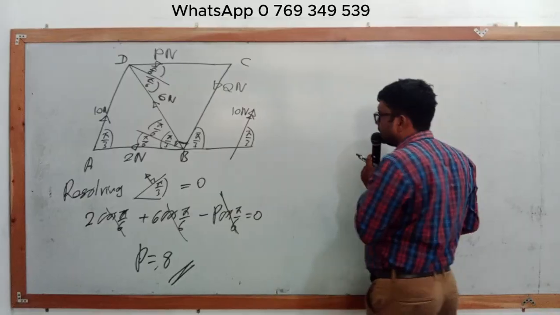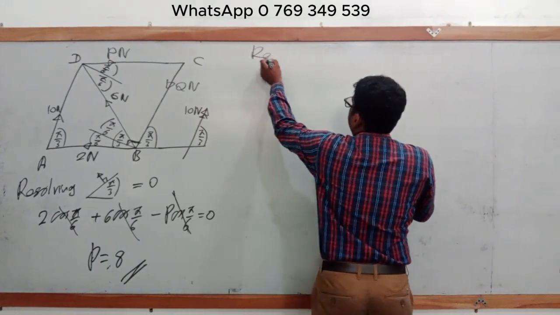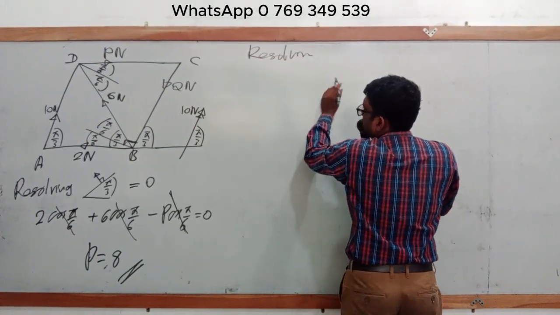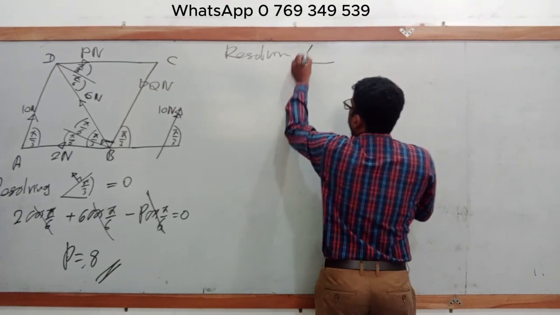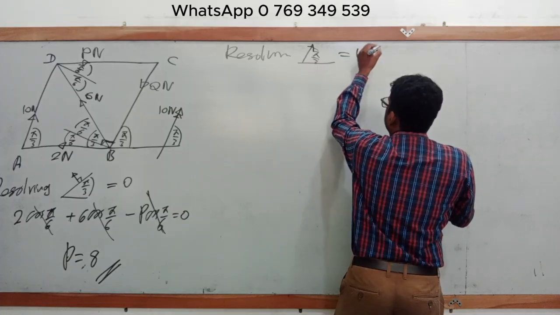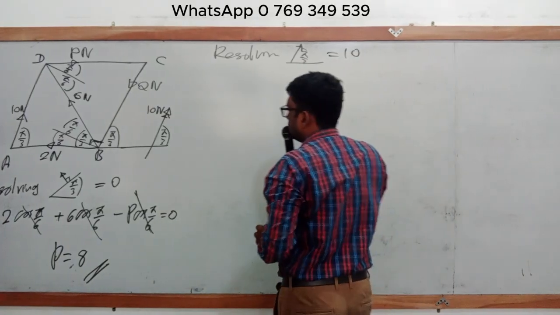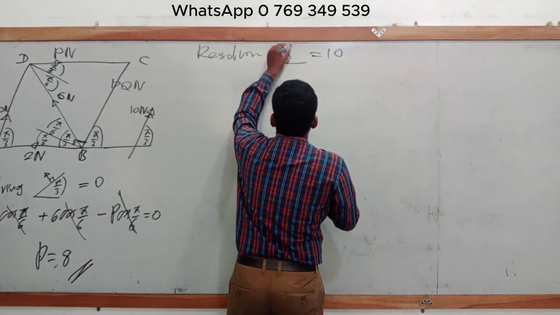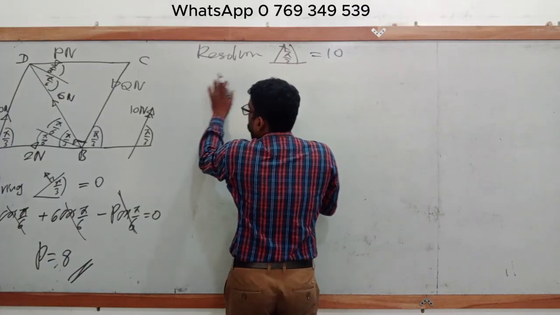And again, resolving in the same direction, pi by 3 like this, that is equal to 10. Now we are using that one.